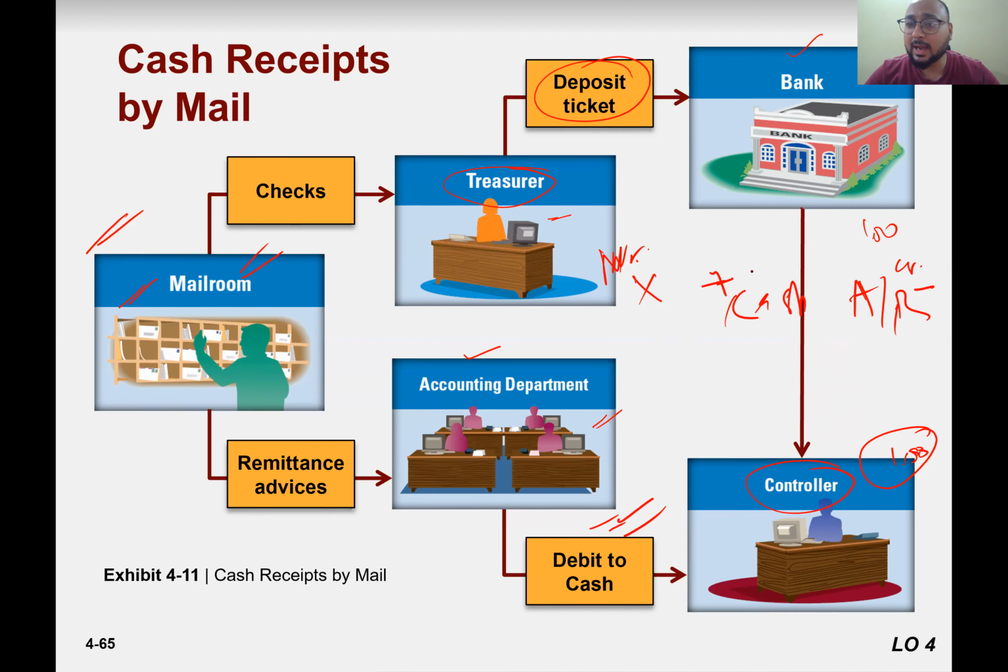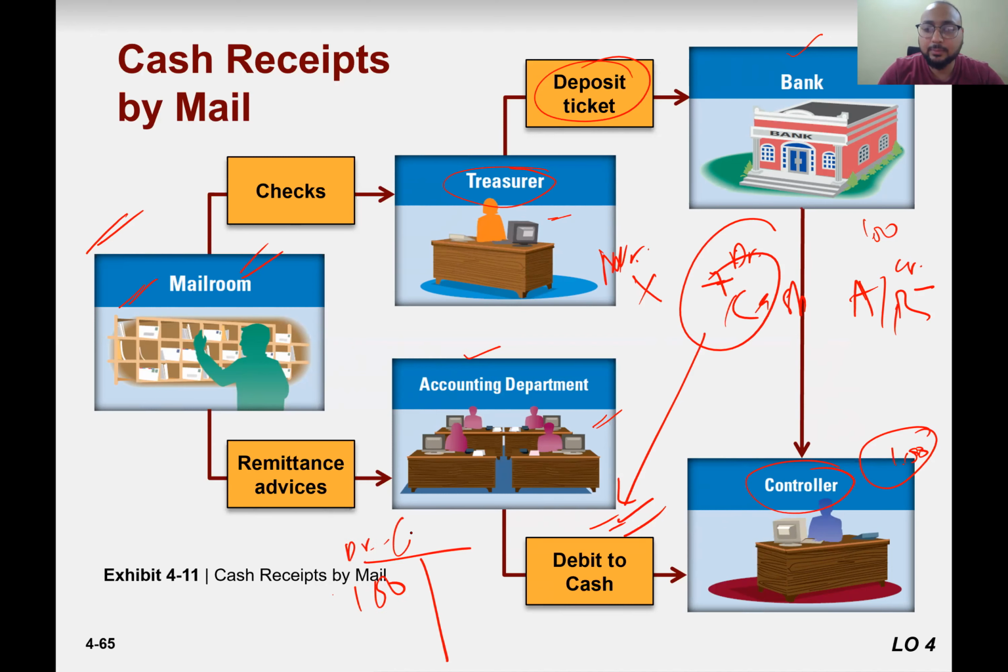An increase in asset, which is cash, is debit. So that's why they say debited to cash. On the T side, this is a cash debit. Okay. You understand, Misha? Yeah, I get it now.